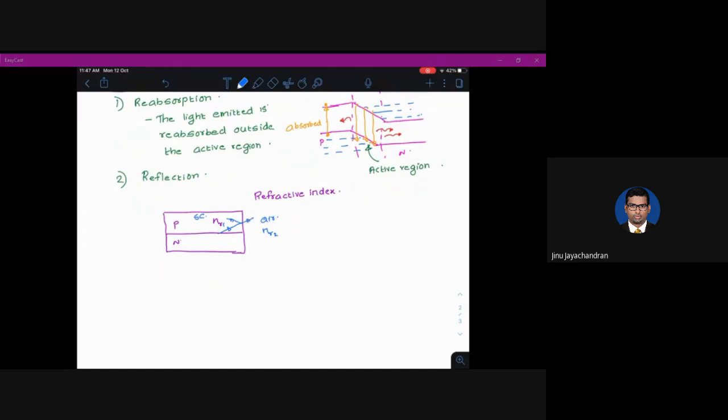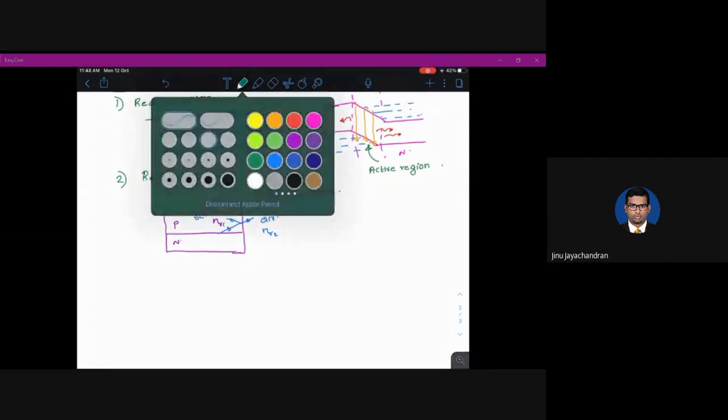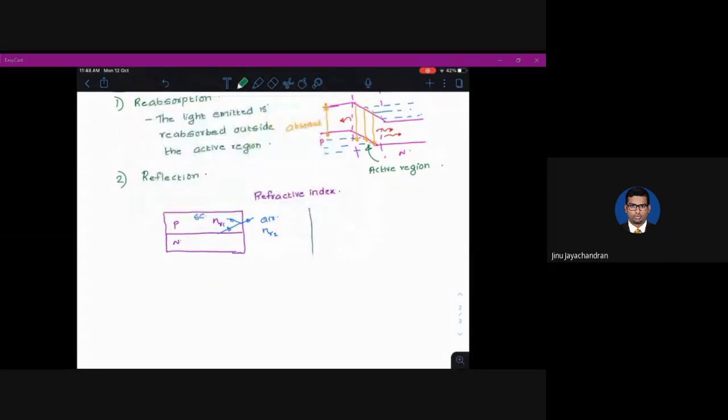So if you draw it like this, this is a medium. Now the light is coming like this. Some part of this will get reflected and some part will get transmitted.